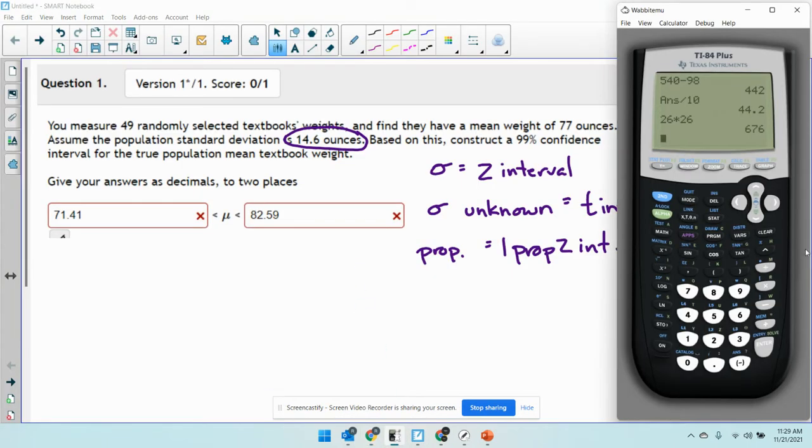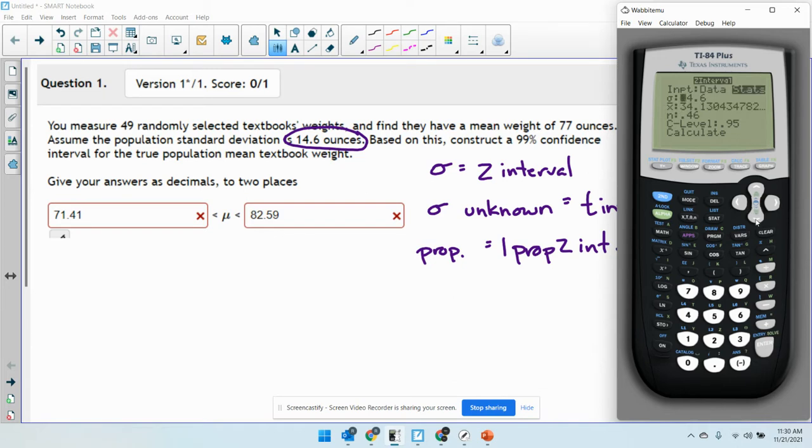So in my calculator, I'm going to go to the stat menu, over to our tests, and we're doing a z interval. We're just going to plug everything in that we have. So we're plugging in statistics, because data would be if we were plugging in the list.